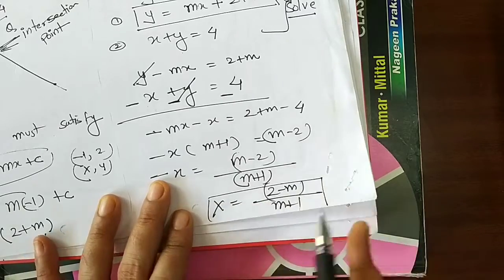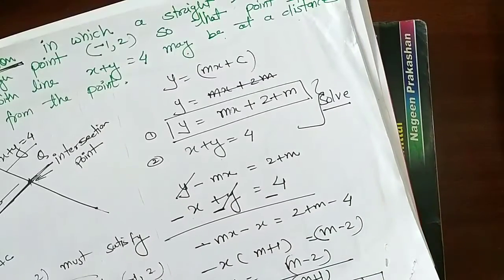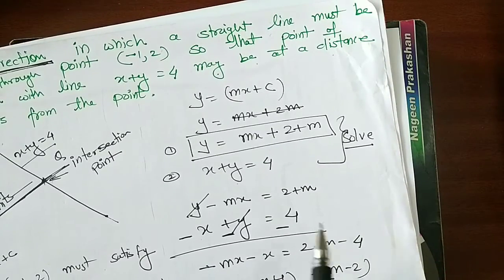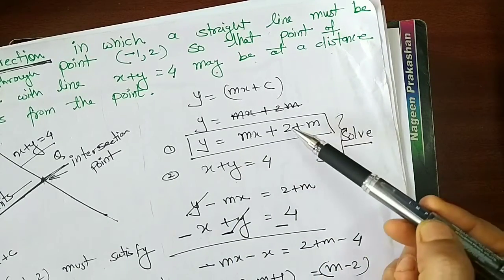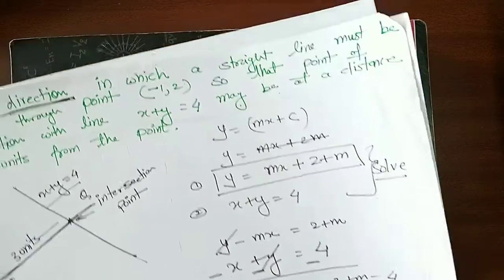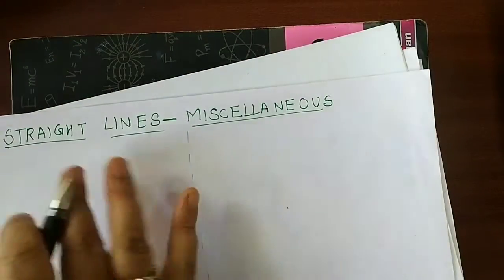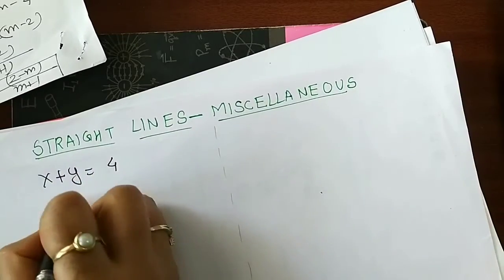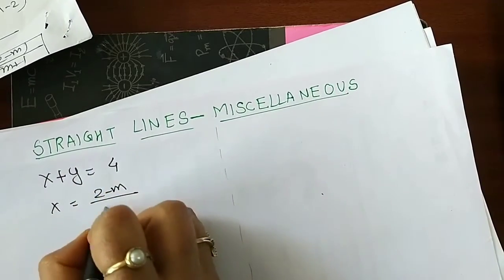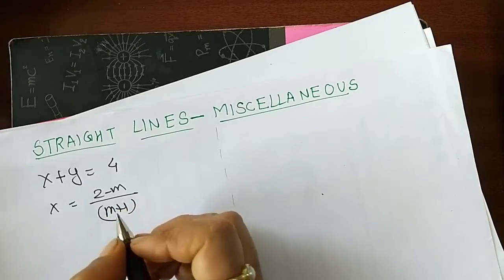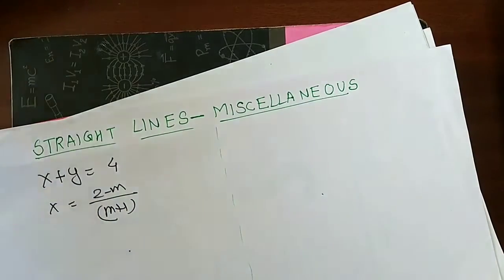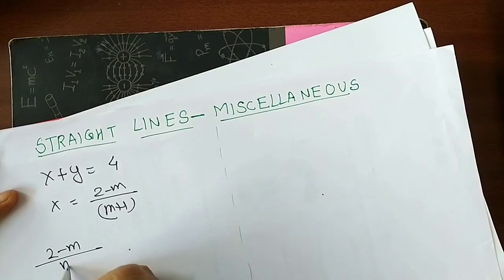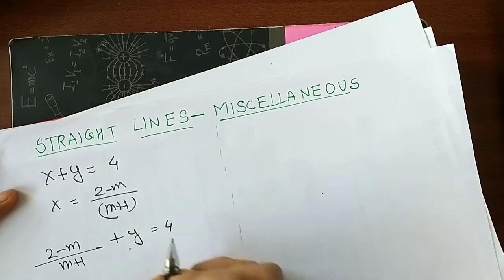Let me keep this ready. This is my x value. I need y also, and I can put x in any one equation, either this or this. I know x plus y is 4, and x I got as 2 minus m by m plus 1. So let me put it here to get y. So 2 minus m by m plus 1 plus y is 4.